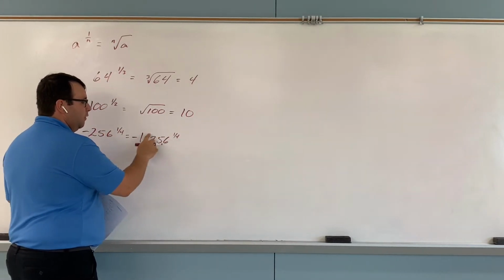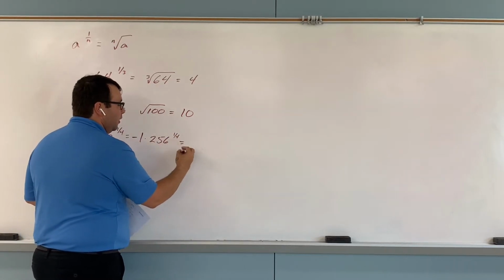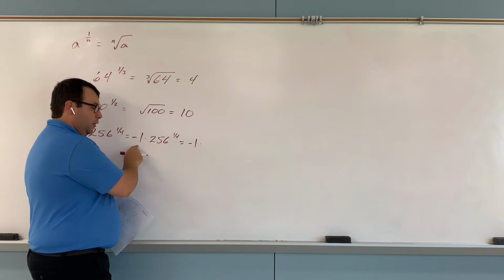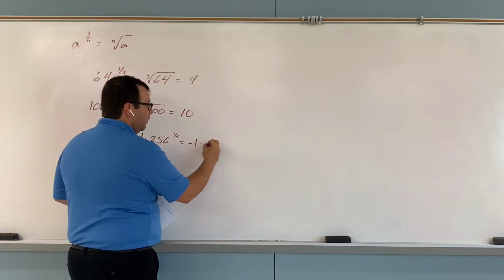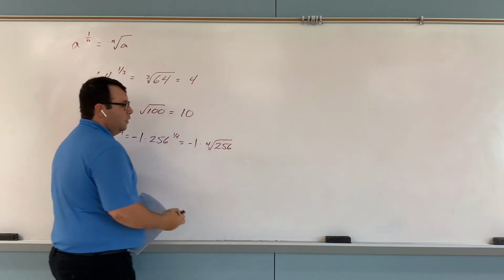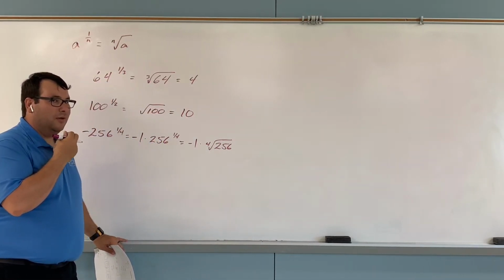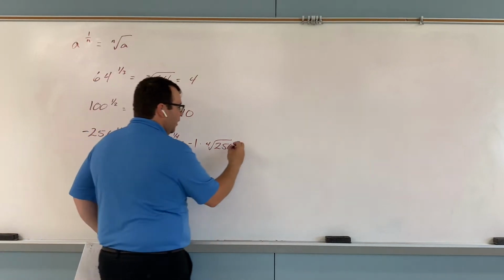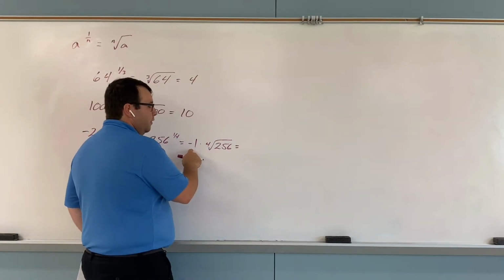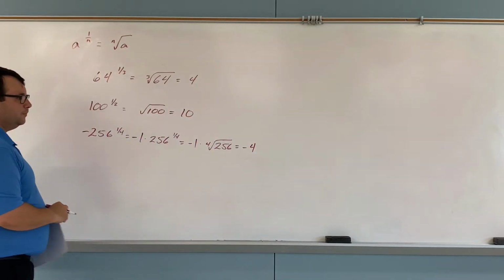Now, I'm going to convert this part right here, the 256 to the 1/4. So I have a negative 1 times, don't drop this off, the 4th root of 256. Now, what is the 4th root of 256? 4. So this is a negative 4 as an end result.